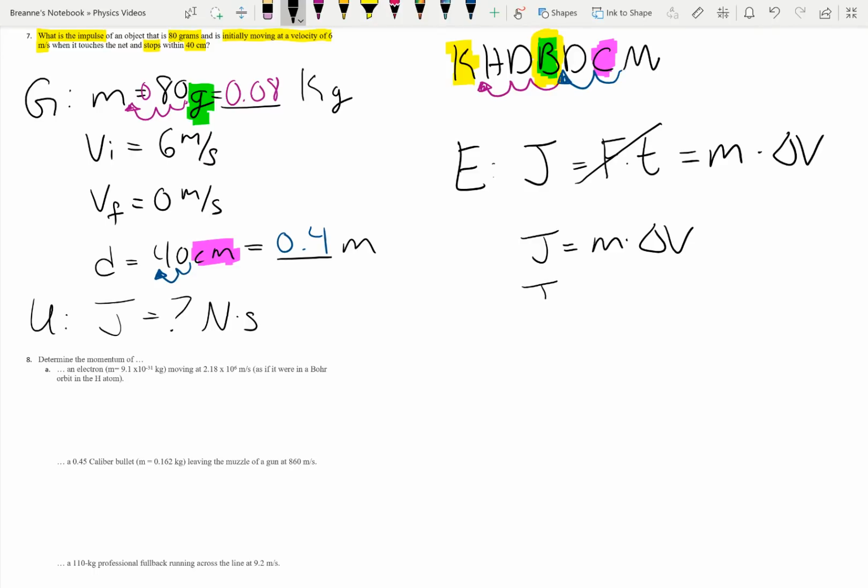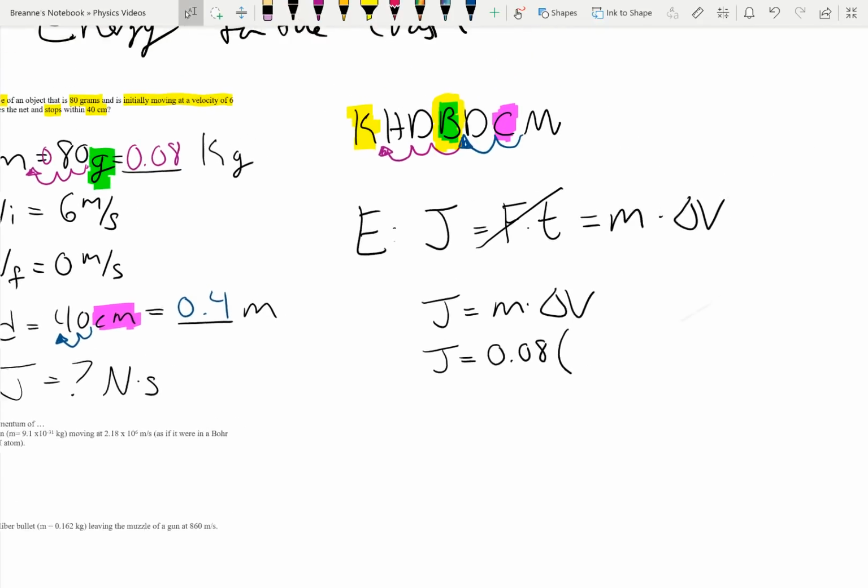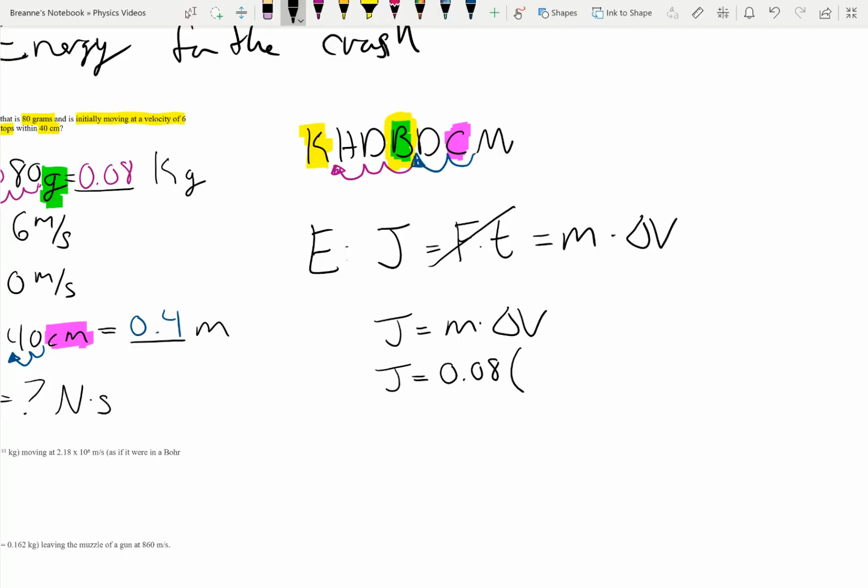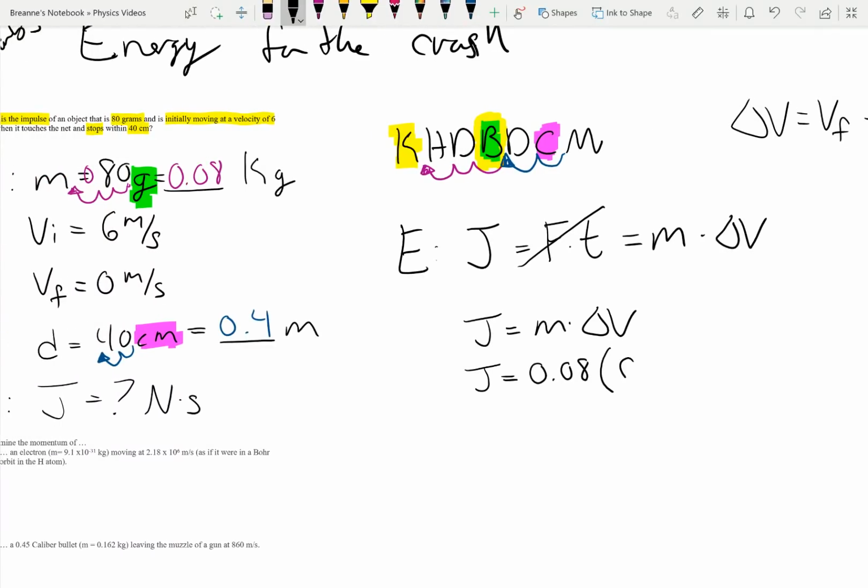So we're looking for impulse. We have mass. Mass is 0.08. And remember, our change in velocity is final minus initial. Our final is 0. Our initial is 6.